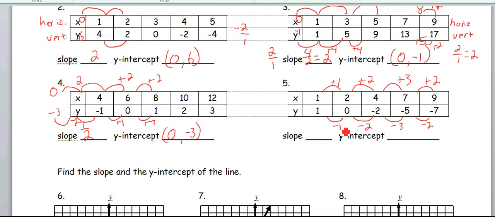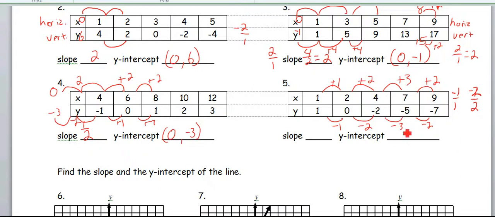What we need to do is see, is negative 1 over 1 the same as negative 2 over 2? Well, negative 1 divided by 1 is negative 1. Negative 2 divided by negative 2 is negative 1.